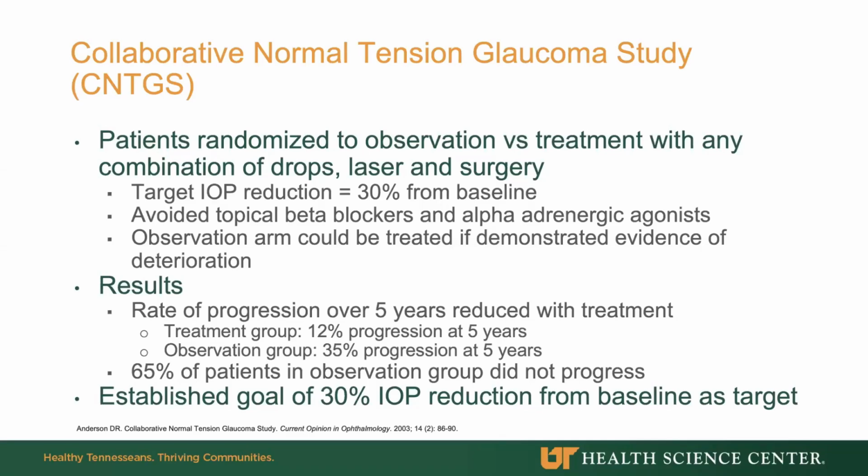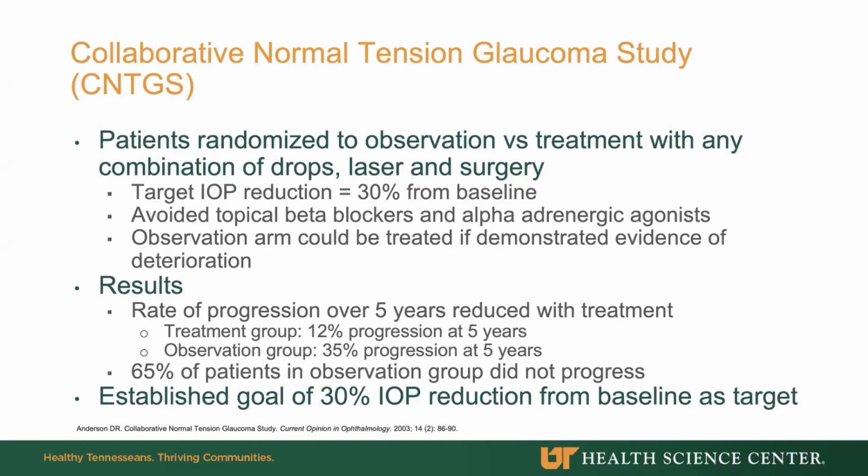The target for IOP reduction in the treatment group was 30% from baseline. In their treatment, beta blockers and alpha adrenergic agonists were avoided. And important to note, the observation arm could be treated if they demonstrated evidence of deterioration.